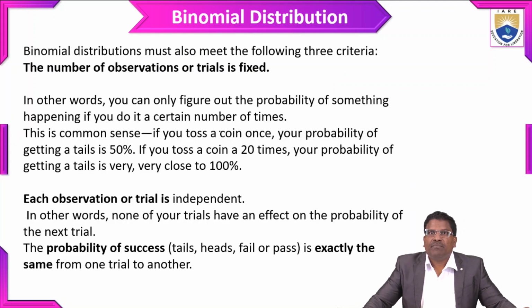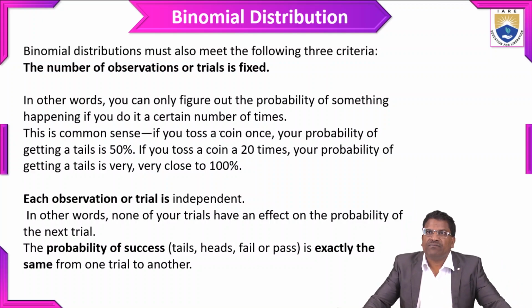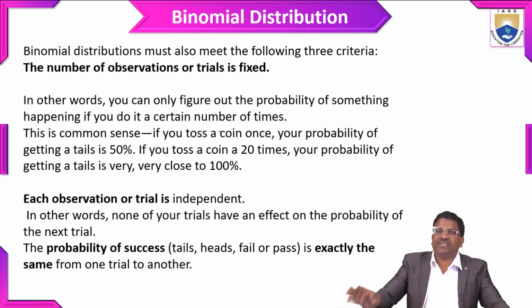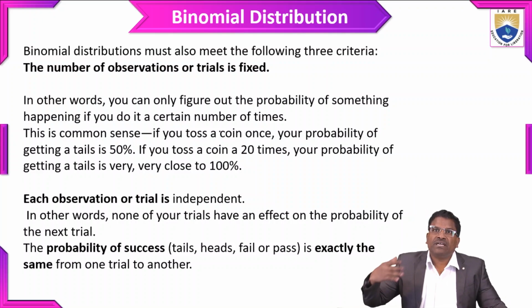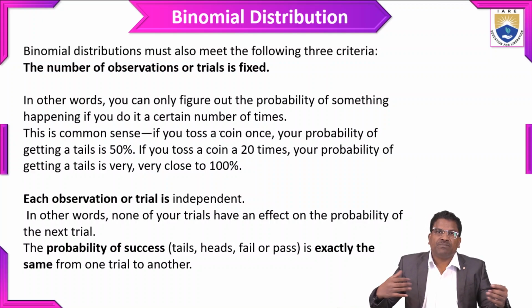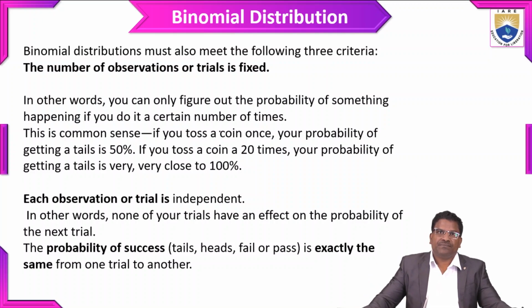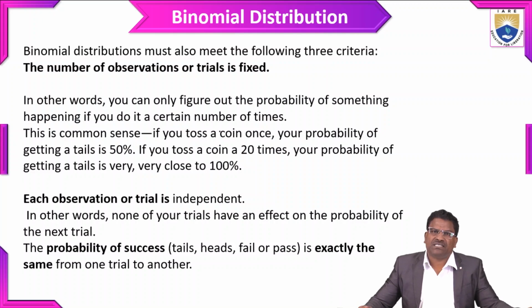So, binomial distributions must also meet the following 3 criteria. The number of observations or trials is fixed here. So, in other words, we can only figure out the probability of something happening if we do it a certain number of times. This is common sense.